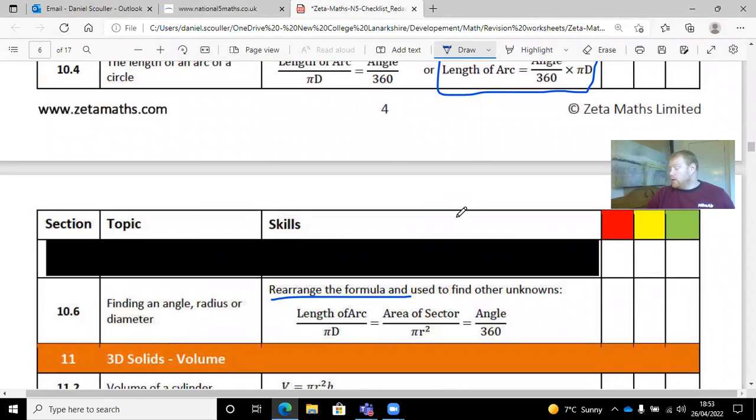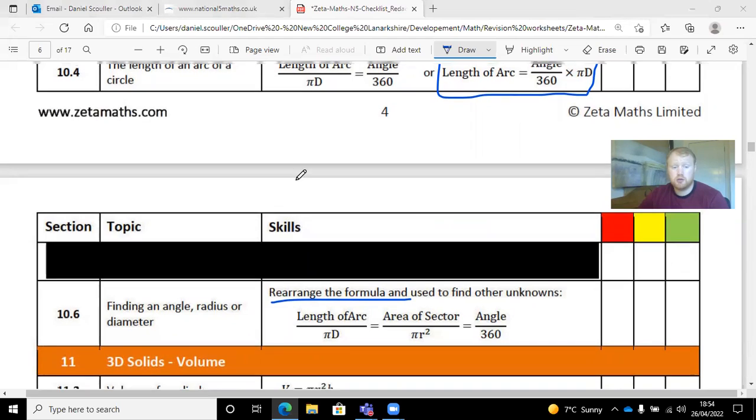The next thing I want to do tonight is one of the hardest things to do: forming equations and then understanding what to do with those equations. This is separate to simultaneous equations.